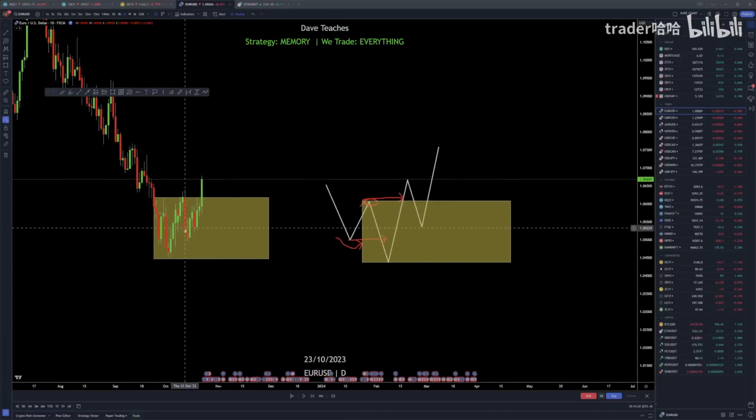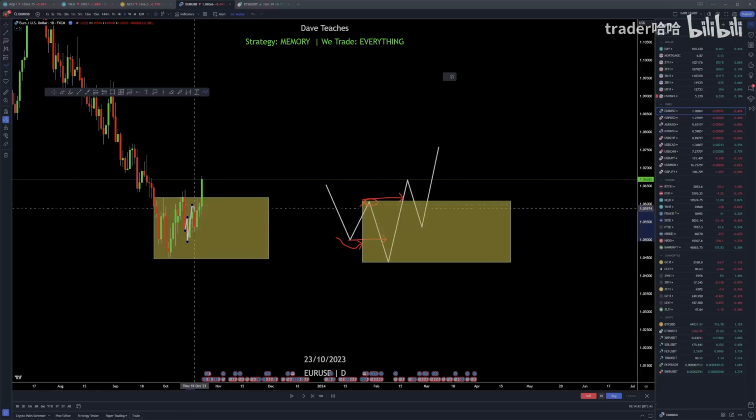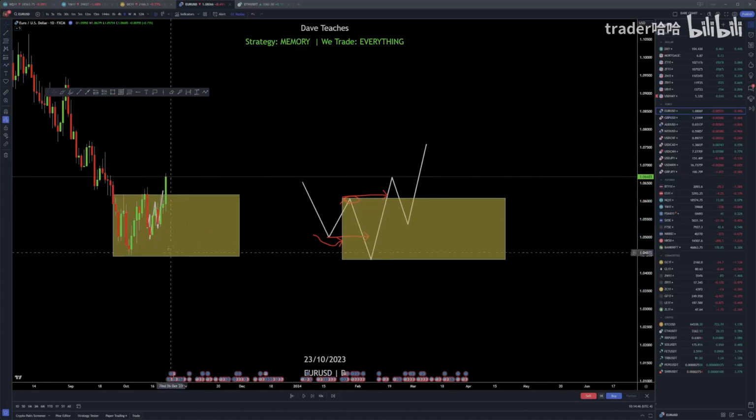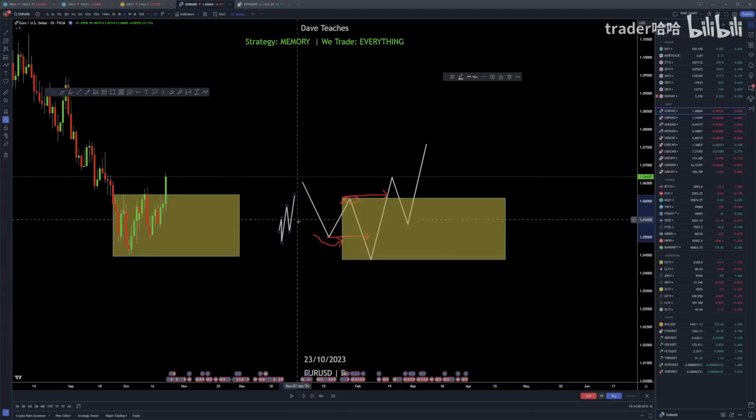But what do you notice about within here in the 50%? What you see is, since this is the daily, you see a lower time frame flip that happens inside of that daily zone. So more than likely this is a 4-hour flip or maybe a 15-minute flip.